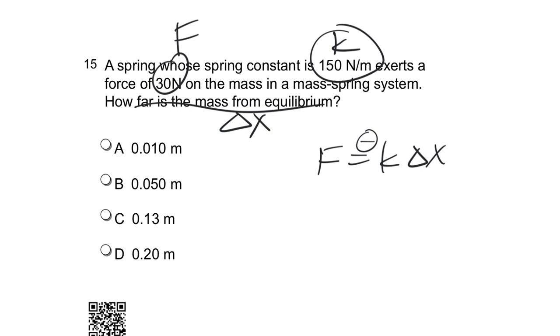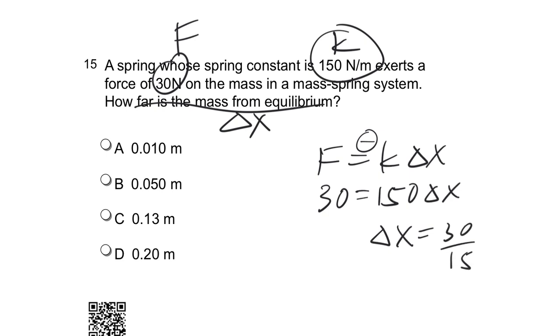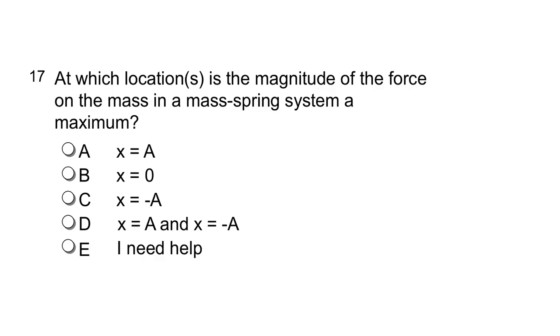So 30 equals 150 times delta x. Delta x equals 30 divided by 150. That's 1/5 or 0.20 meters.